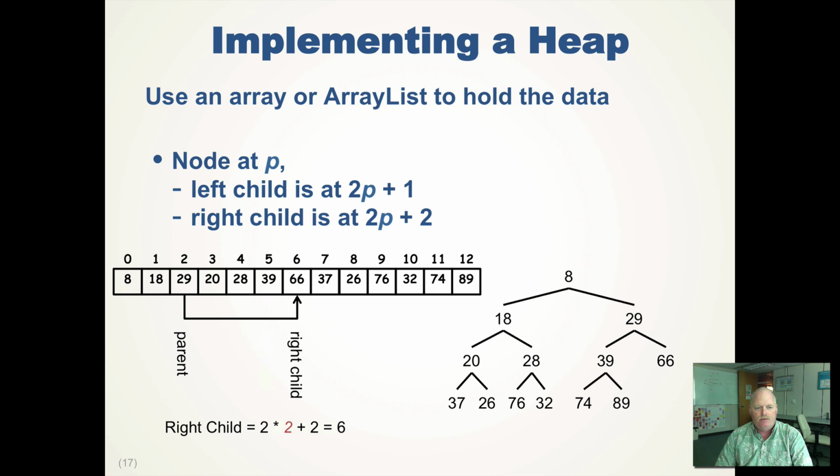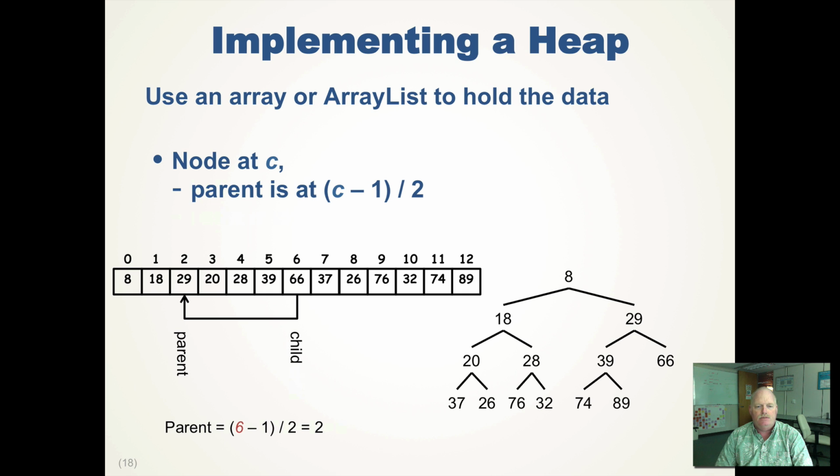Then vice versa, you can figure out its parent by just subtracting 1 from the child's index and then doing integer division by 2. So the example here is we're at 6, our parent is 6 minus 1, which is 5, div 2, which is 2 in integer math. So the parent of 66 is 29. You can see in the tree representation, it's easy to see. In the array, you just have to do a little math to find out who the parents are.